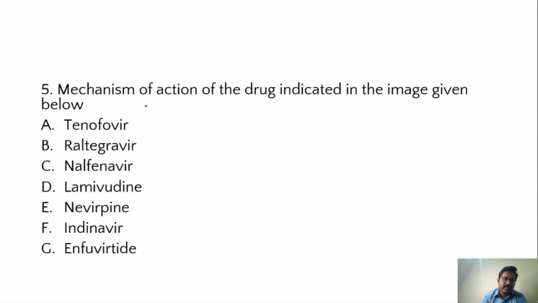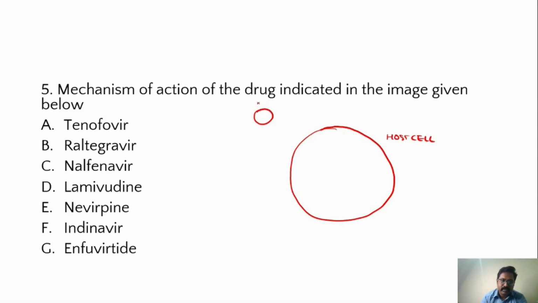So next question, coming to the mechanism of action of the drug indicated in the image given below. From the recall we can remember that. This is the host cell, CD4 cell, and this is the retrovirus.